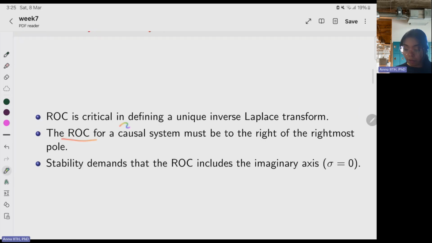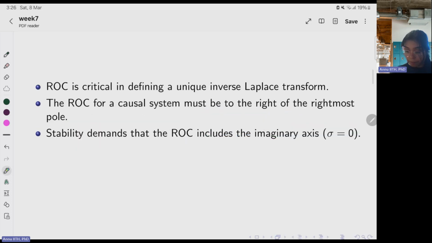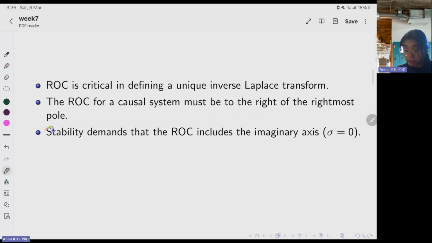Also, the ROC for a causal system must be to the right of the rightmost pole. Please remember this, it is very, very important. Also, the third point is that stability demands that the ROC includes the imaginary axis, sigma and j omega.